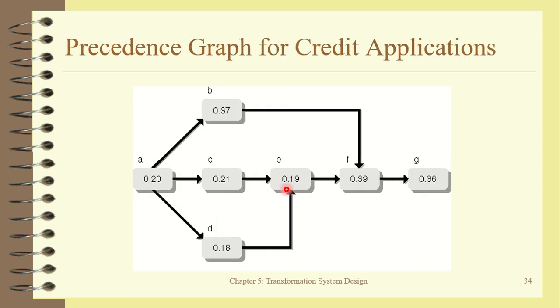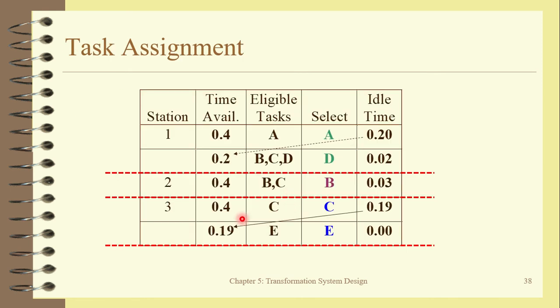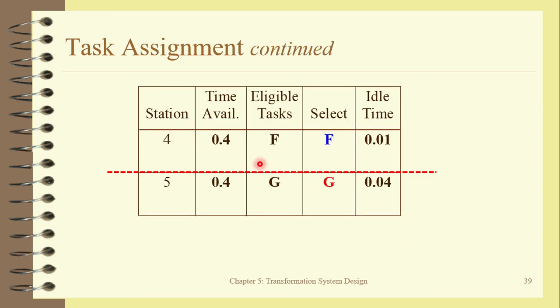E requires 0.19 also, so it perfectly fits into the workstation. So you add E into workstation number 3. The remaining time is 0.0, which means you cannot add any more tasks. So you close workstation number 3 and then open workstation number 4, right?